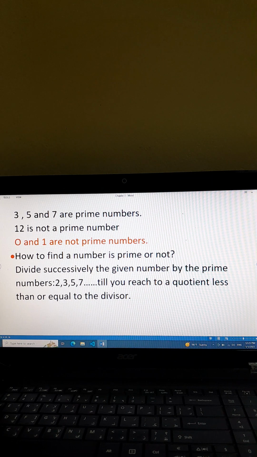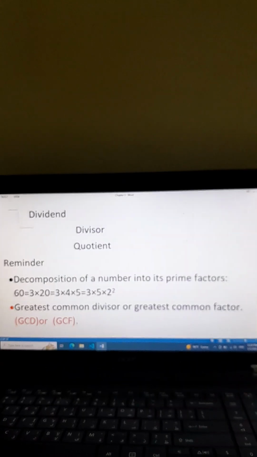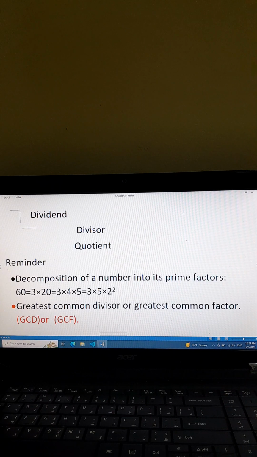If I find the quotient is less than or equal to the divisor, then this number is prime. Dividend, divisor, quotient, remainder.